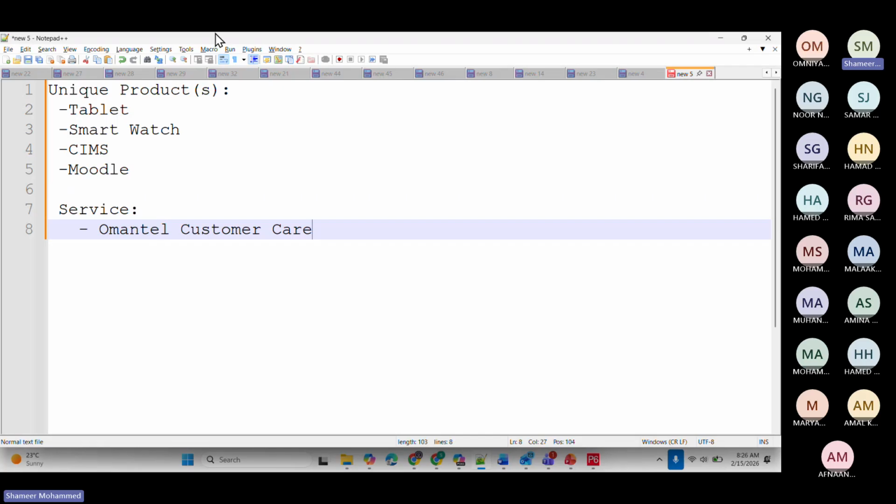Then the customer care, if you have any problems, you want to activate the internet, you want to solve the problem of the internet modem in your home, you will call customer care of Omantel. So what is this one? This is service. Khidmat, they are giving you the service to solve your problems. So you are creating the application like that or the product like that.